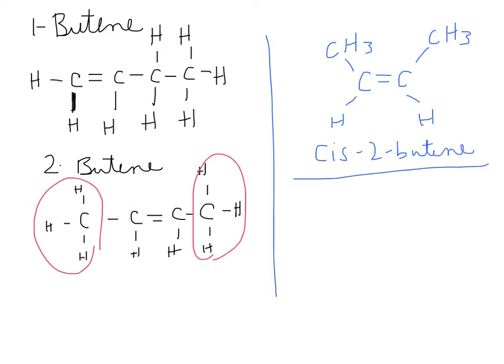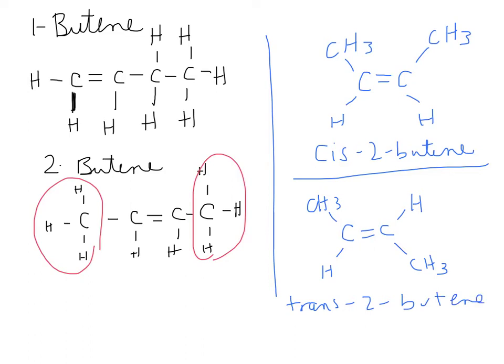And then the other structure is to have the methyl groups on opposite sides of the double bond. You can do this because this molecule is planar, and this is called trans-2-butene. Okay, so not a main topic, but one that is important enough in organic chemistry. You want to know the difference between cis and trans when double bonds are present.